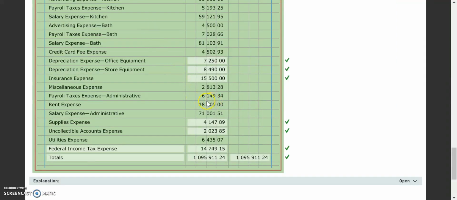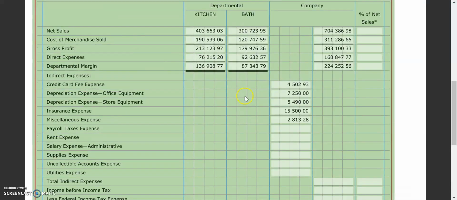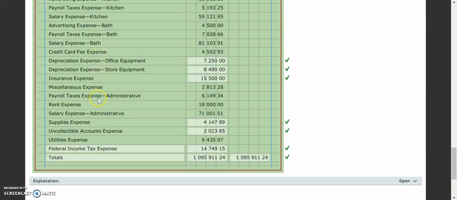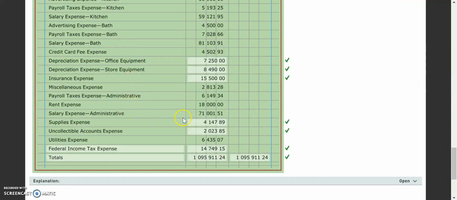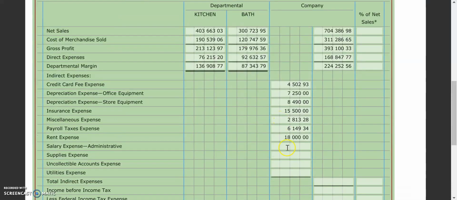Payroll for administration was $6,149.34. Rent, $18,000. Salary for administration, $71,001.51.